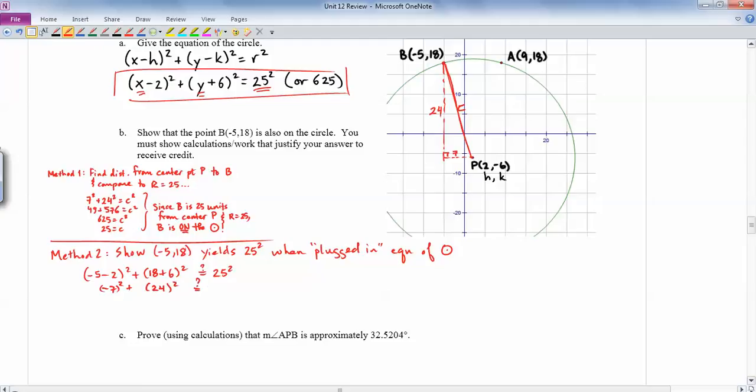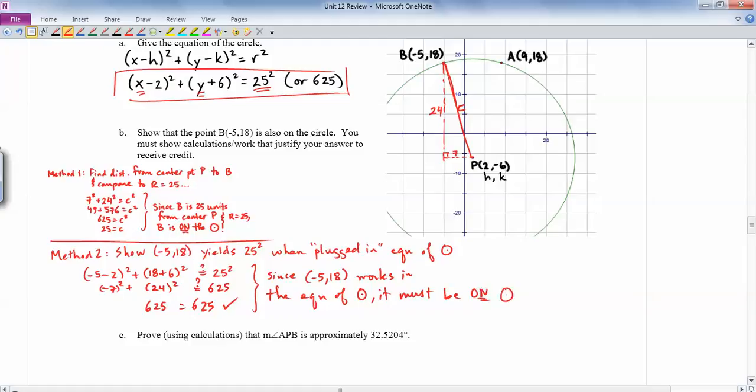And we're checking, is that equal to 625? And 7 squared is 49, or -7 squared is 49. 24 squared is 576. So we do indeed get 625 equals 625. So since (-5, 18) works in the equation of the circle, it must be on the circle.